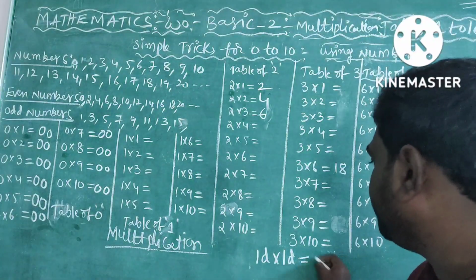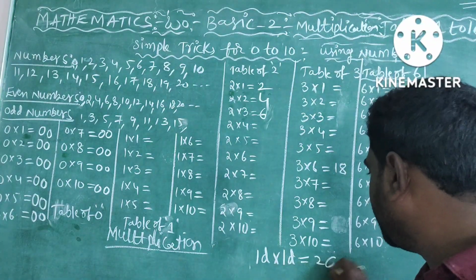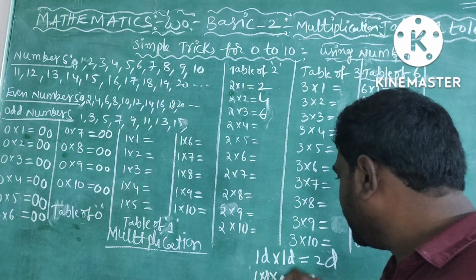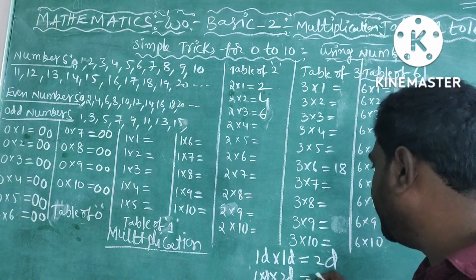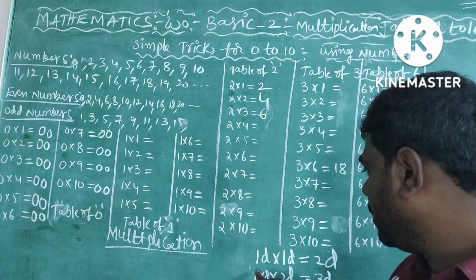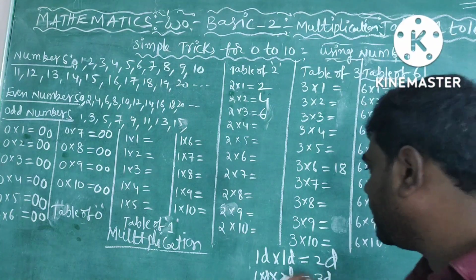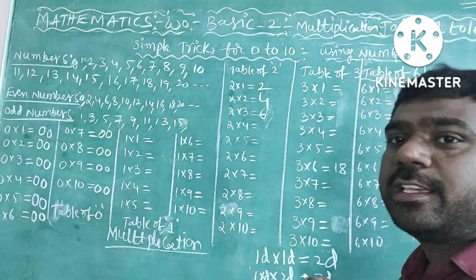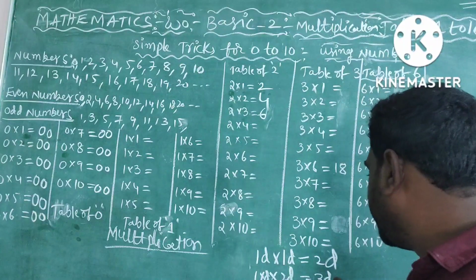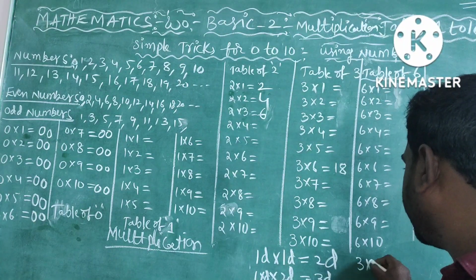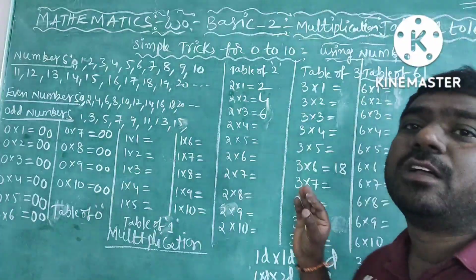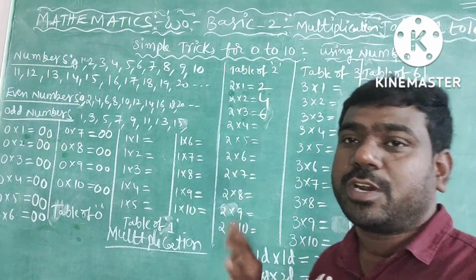Suppose 1 digit multiplied by 2 digits, the answer should be 3 digits. Suppose 2 digits into 2 digits, the answer is 4 digits. Suppose 3 digits into 3 digits, the answer should be 6 digits. This is the rule of mathematics. You should remember this one.